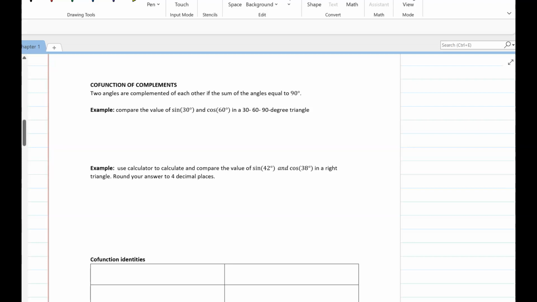We know that earlier we had sine of 30 degrees in a unit circle equal to 1/2. And cosine of 60 degrees is also equal to 1/2.